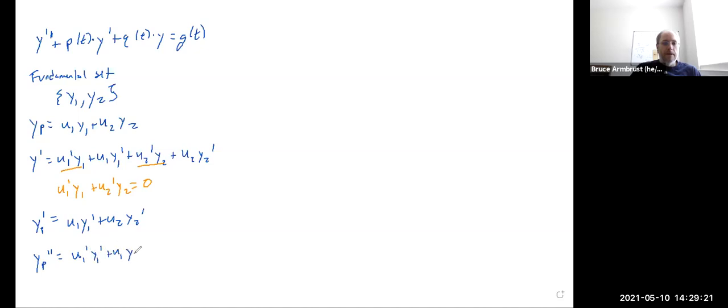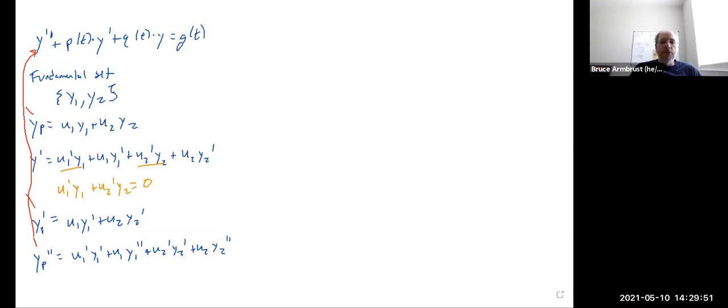And so there are the double primes showing up, but on the Y's. And again, let's take these and put them into the differential equation. Okay, so we'll take all three of these guys and put them in.